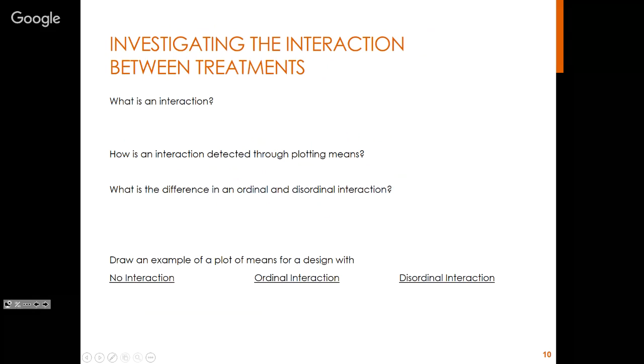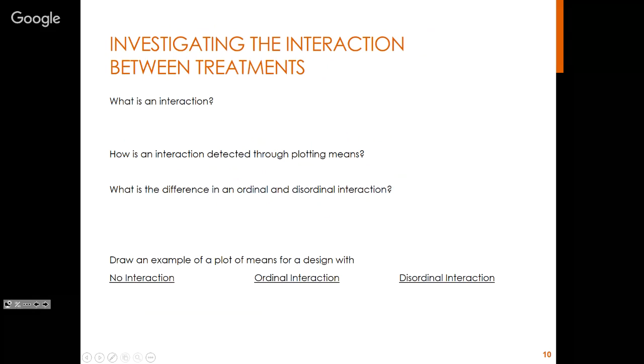Okay, that was in words. It implies that the effects of one level of treatment A across all levels of treatment B is different at a different level of treatment A across those levels of B.